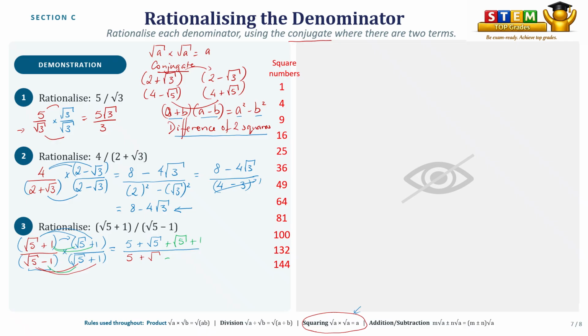Wait, correcting that: the cross terms are plus root 5 and minus root 5, which cancel. And finally, the last terms multiplied together, minus 1 times plus 1, which gives us minus 1. Okay, and we could have done that using the difference of two squares as well.